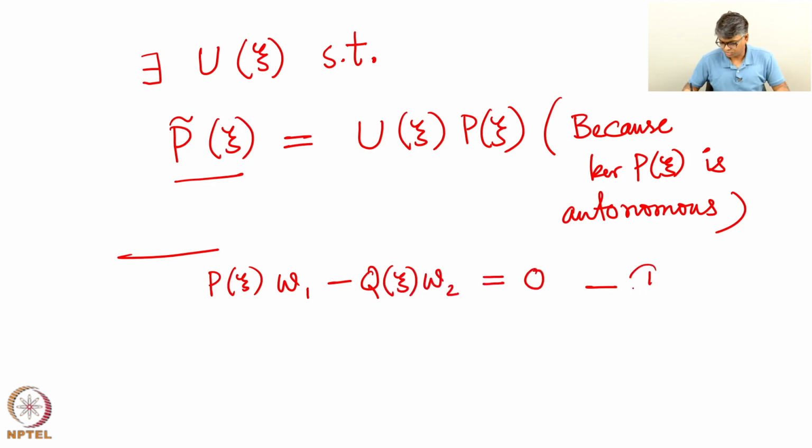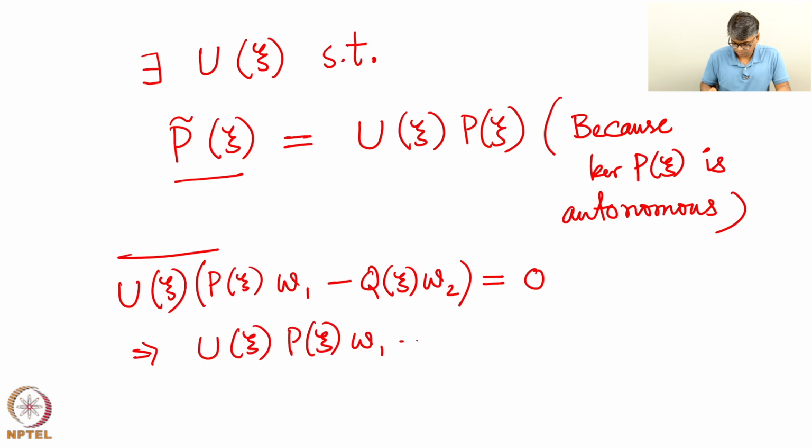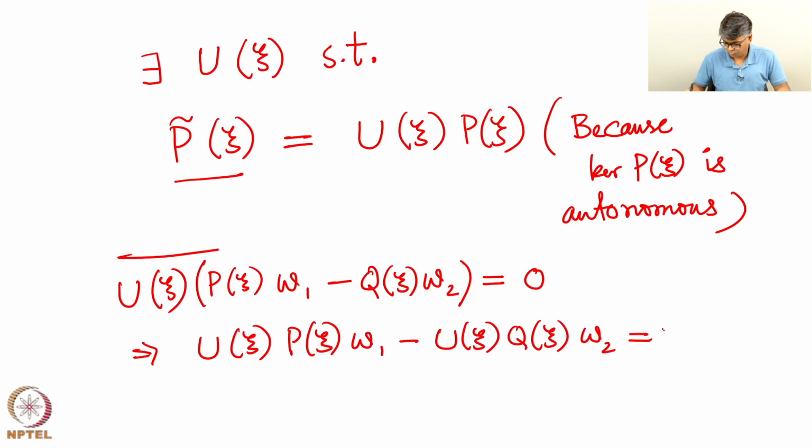Suppose I multiply this by the same unimodular matrix U(ψ). What do I get? I get U(ψ) P(ψ) W1 minus U(ψ) Q(ψ) W2 is equal to 0. This U is just a G by G square unimodular matrix.